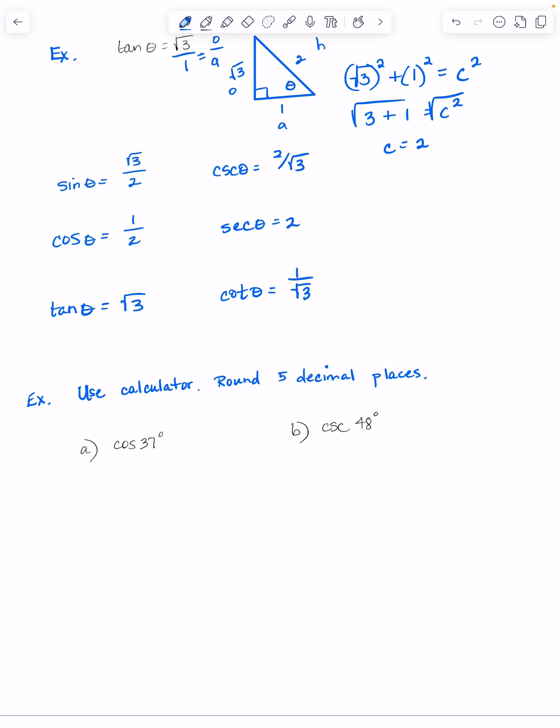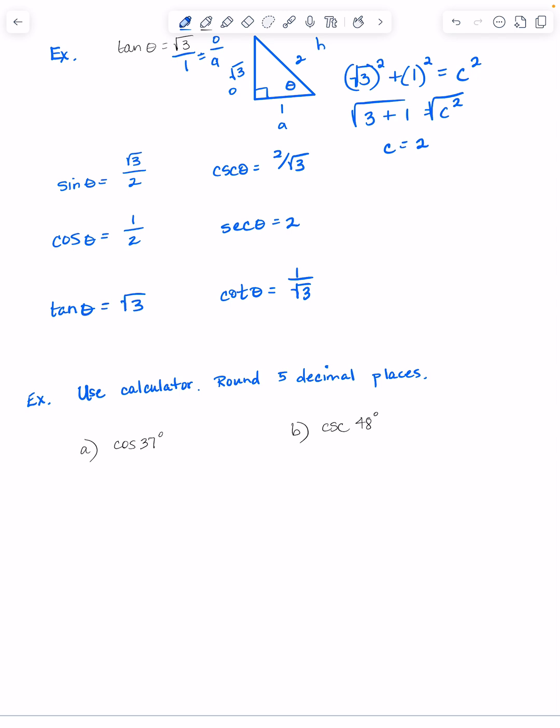Alright, so the three bigs, like I said, sine, cosine, tangent, those buttons are all available in your calculator. So if I'm supposed to use a calculator and round cosine of 37 degrees, I'm going straight in. So I can just punch in cosine of 37 degrees. And I think on the TI-30XA, you put in 37 and then push cosine maybe.